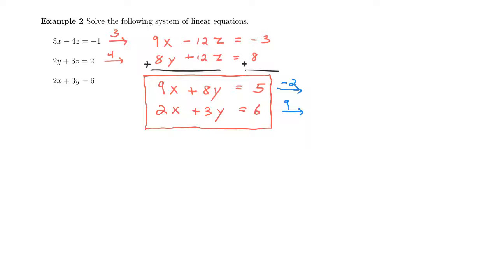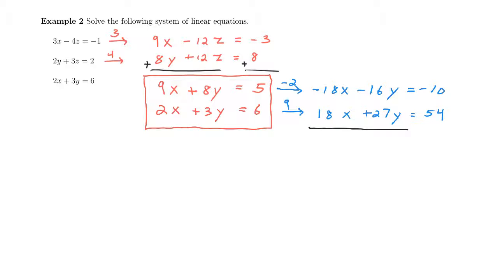If I multiply by negative 2, I get negative 18x minus 16y is equal to negative 10. But in my second equation, I get positive 18x plus 27y is equal to 54. Great.